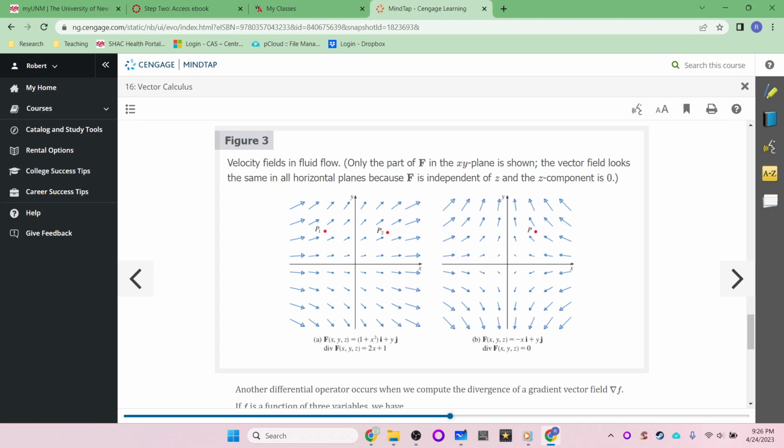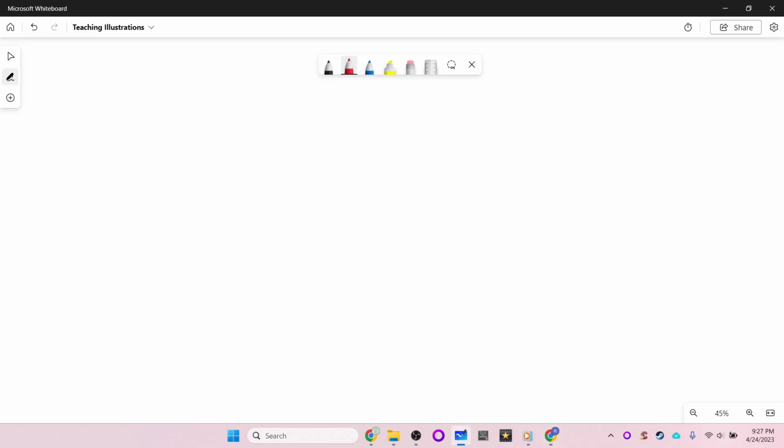All right. Now, the one last thing I want to say is how these formulas can also give us another way of writing Green's theorem.